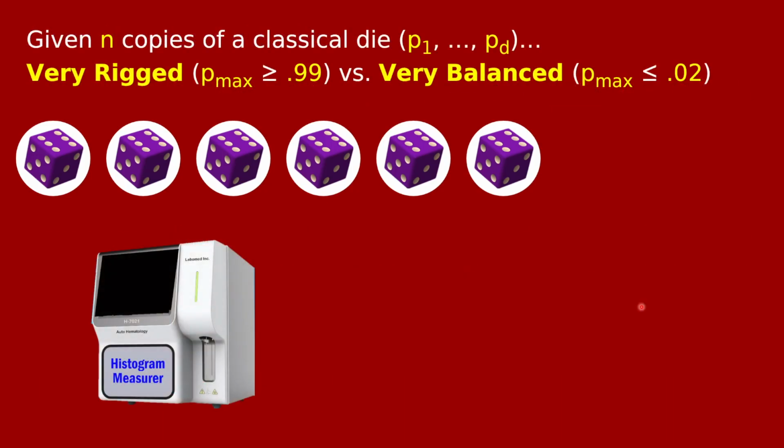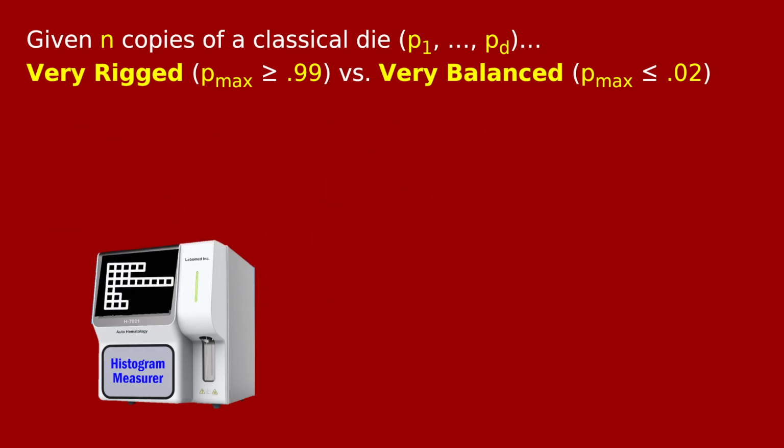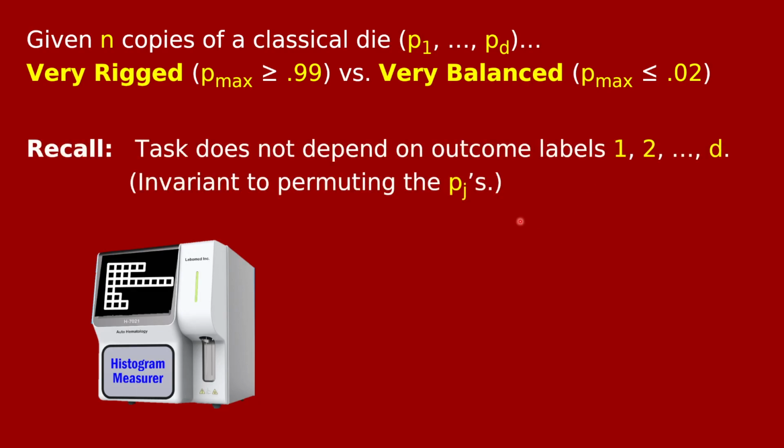Okay, so it's still the case that we're happy to just get the counts of how many times each face came up. So we could imagine taking our n copies of the die, putting them into the histogram measure, getting this histogram output. And now let's use this further observation that not only do we not care about the order in which things came, we only care about the histogram, but we don't even really care about the outcome labels 1 through D per se.